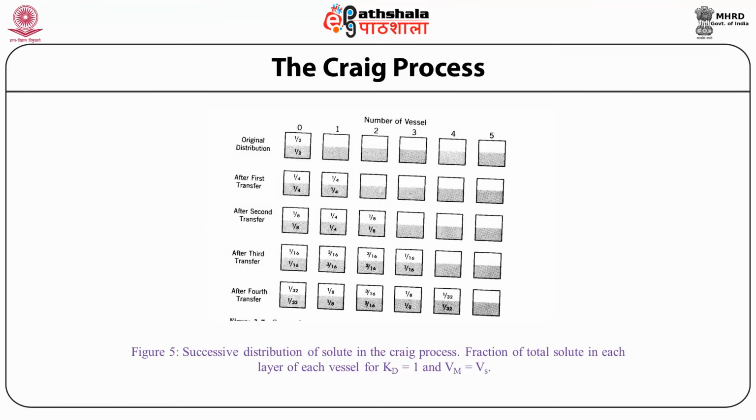In figure 5, you can see the successive distribution of solute in the Craig process: the fraction of the total solute in each layer of each vessel for Kd equal to 1 and Vm equal to Vs. You can see here the original distribution, how much amount is distributed after the first transfer, after the second transfer, after the third transfer, and after the fourth transfer, it is 1 by 32, then 3 by 60. So at every time, this amount is varying and extraction is being done.